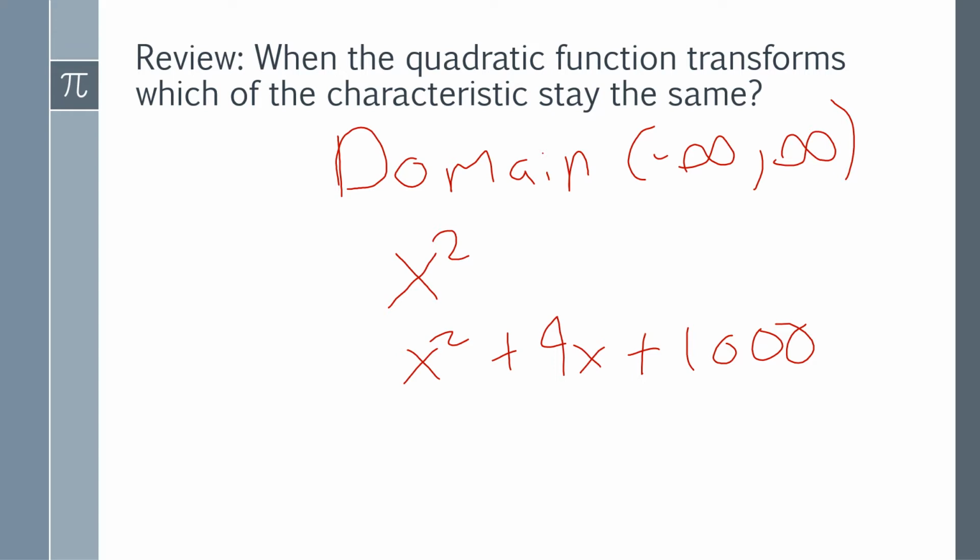What changes a lot of times when you put in these quadratic functions in the decimals is going to be your range, that changes the most. Of course, your intercepts will change. In some cases, you may not even have an x-intercept for sure.